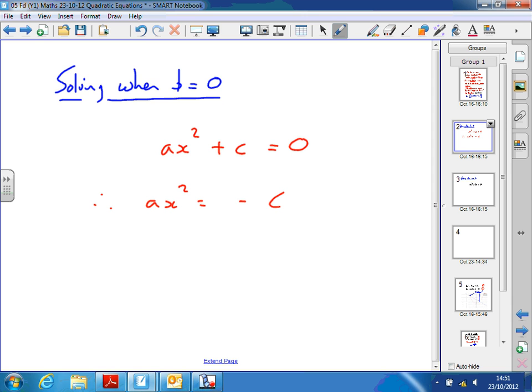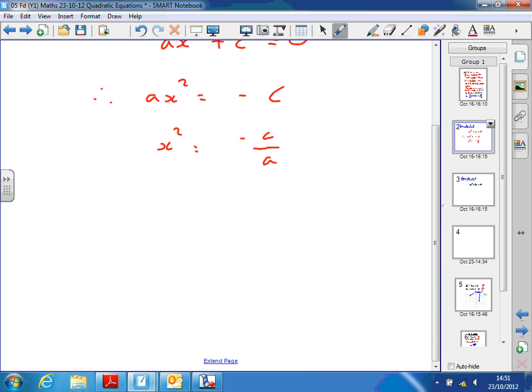Dividing both sides of the equation by a, x squared equals minus c over a. And then finally, x is the square root of minus c over a.